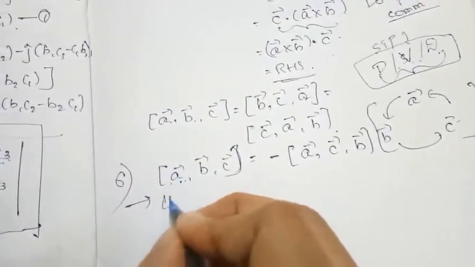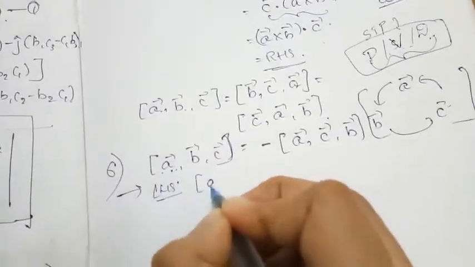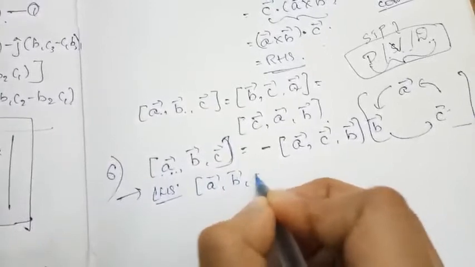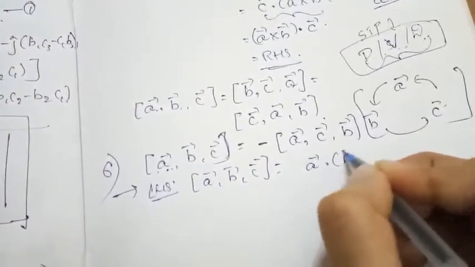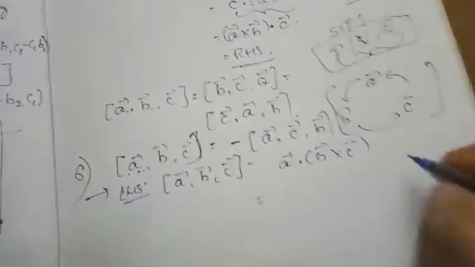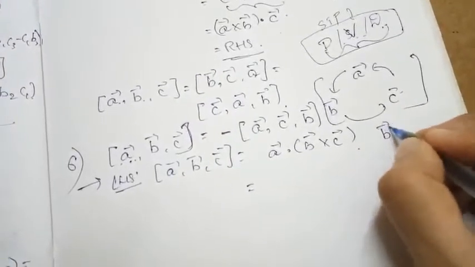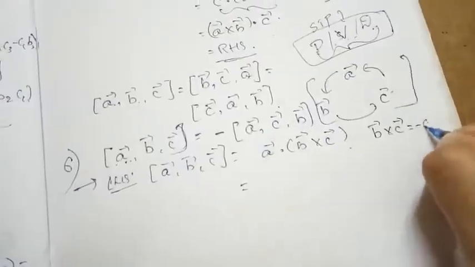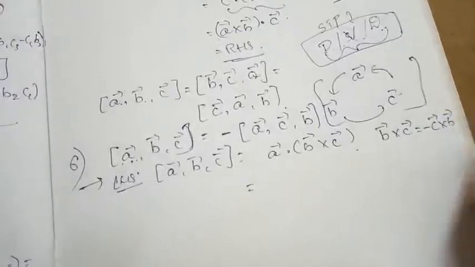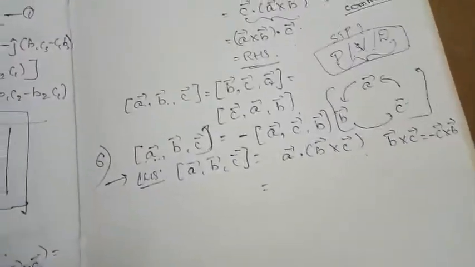I am considering the LHS, that is vector A, vector B, vector C. I can write it as vector A dot vector B cross C. And we already know the property that vector B cross C is equal to negative times vector C cross B, because cross product is not commutative.